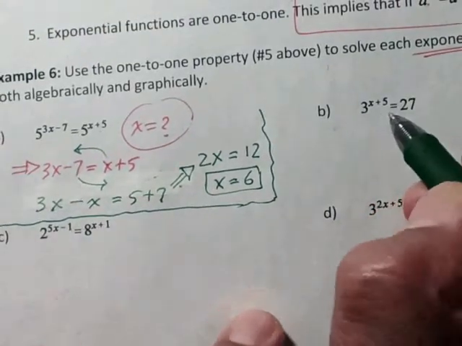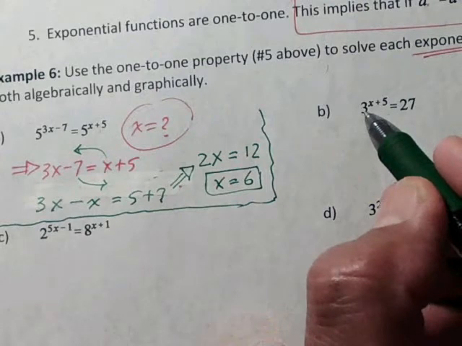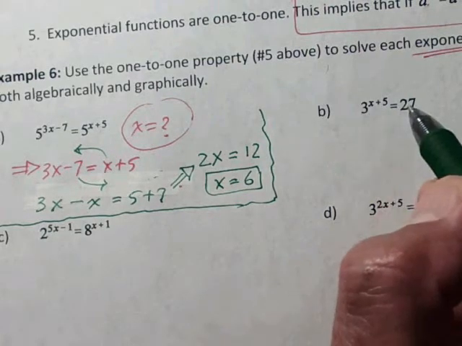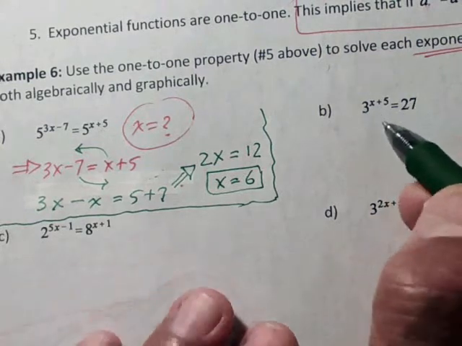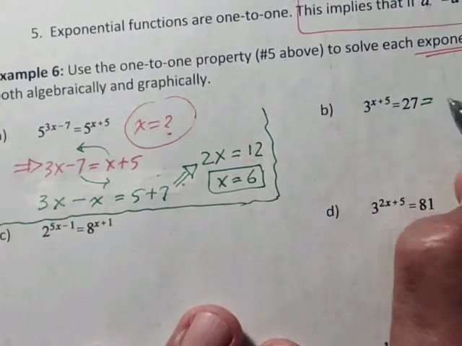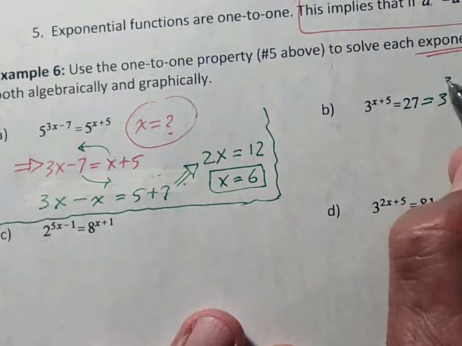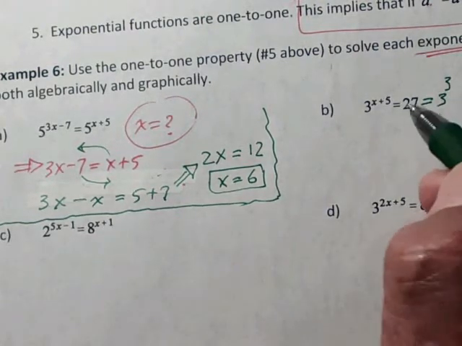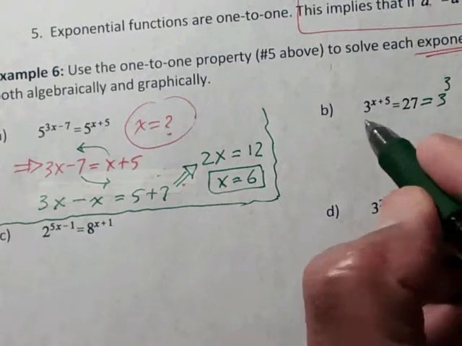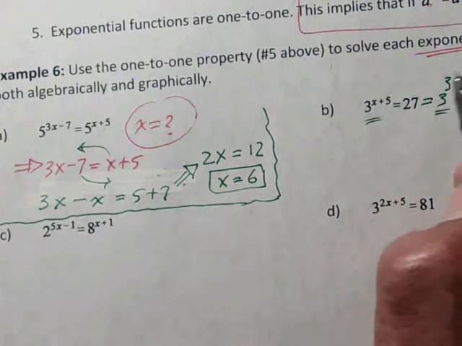For this one, I have a 3 as the base here, and 27 is not 3. But 27 is 3 to power 3. 3 to power 3 is 27. Now I have one exponential on the left, one on the right with the same bases.